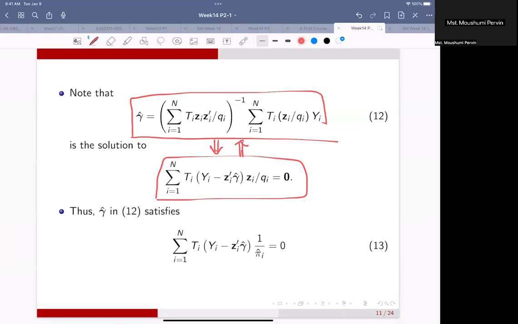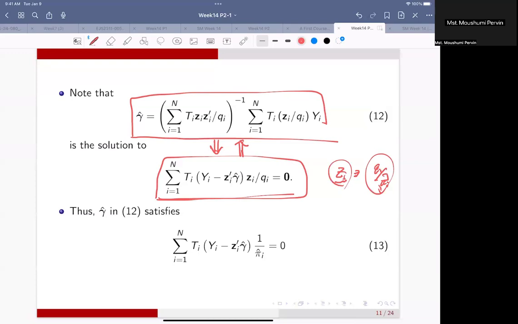So once you have this one, then you recognize that QGI contains what? QI divided by pi I hat, right? So QI divided by pi I hat is a part of ZI. So that means I can consider that component.